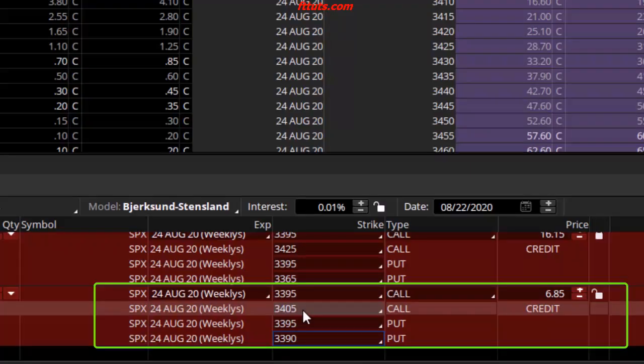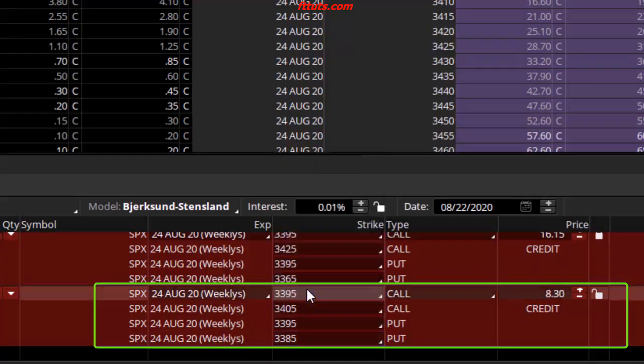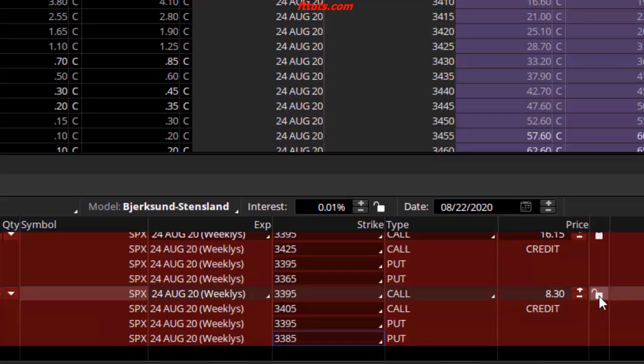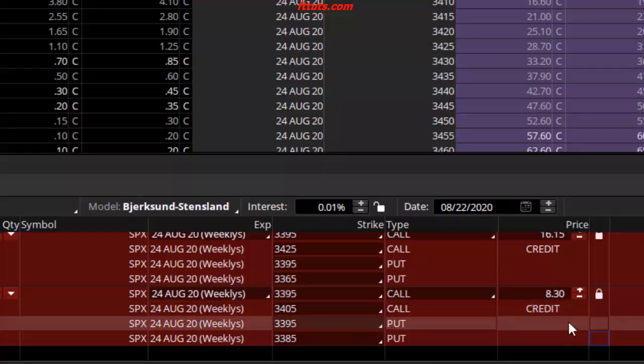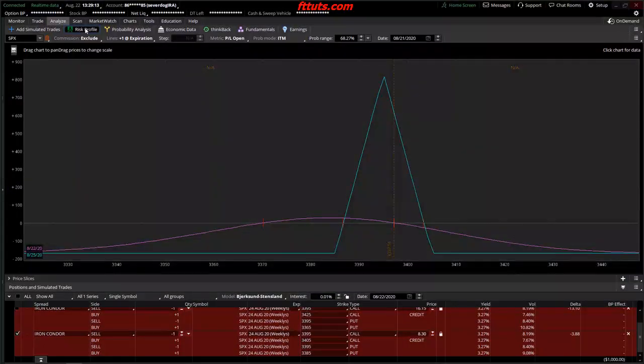So 10 points from there would be 3405, or 10 points below that is going to be 3385. Now, I'm not going to receive as much of a credit with those kind of constricted long strikes. Narrow spreads are going to mean a smaller credit. Let's take a look in the analyzer and see what this one looks like.